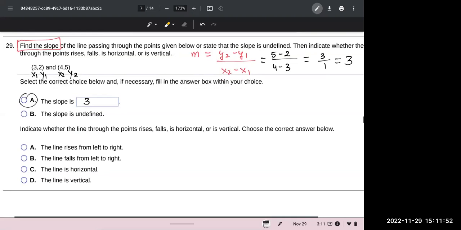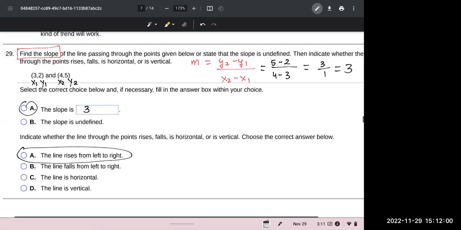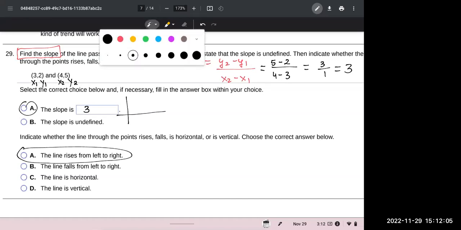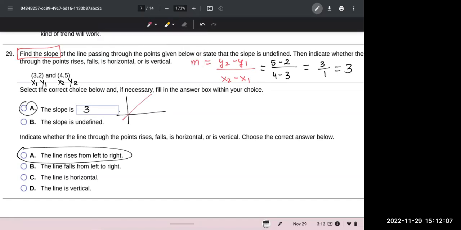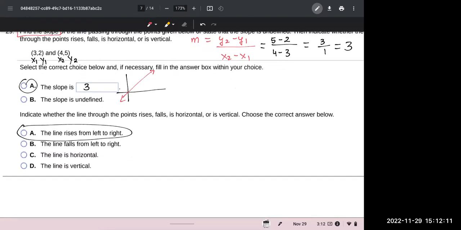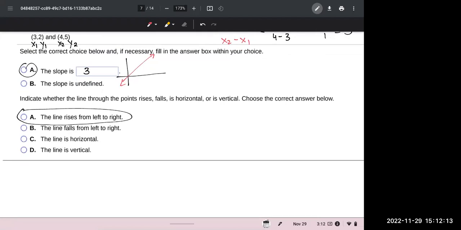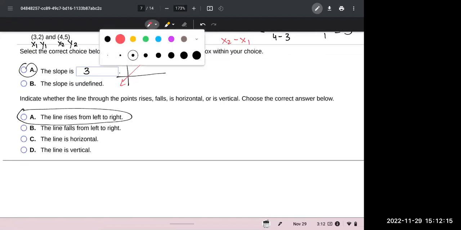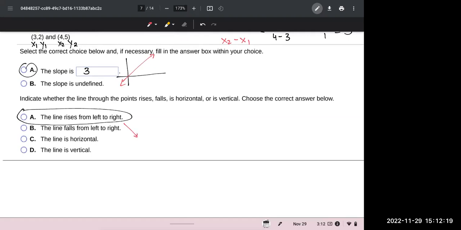And slope is positive. That means the line rises from left to right. So A will be correct. Positive slope, that means the line rises from left to right. That's going to be the straight line. Okay, so also since we're reviewing slope, I want to mention that when the line falls from left to right, that means you will have the straight line like this.